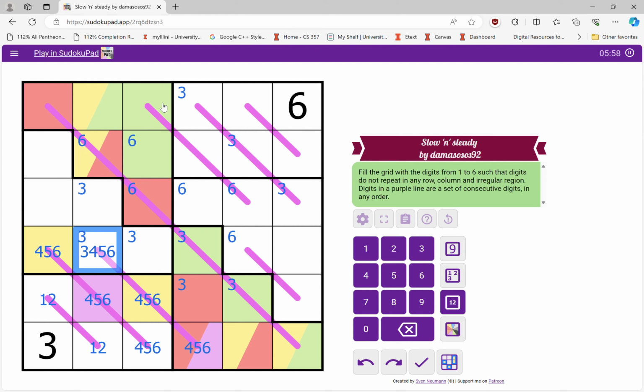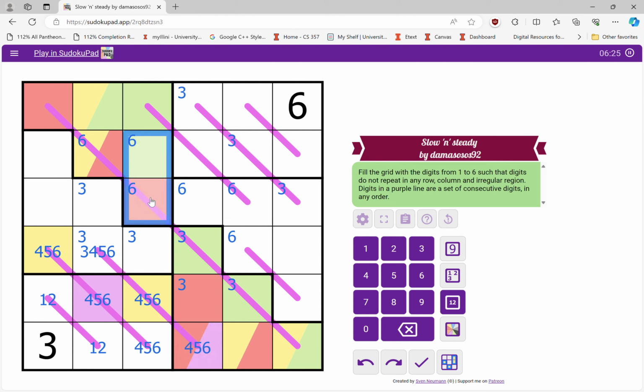If this is a 3, then I just have a 3 up here. One of these 2 is a 3. And I don't think that dramatically changes much of anything. Just thinking about it. One of these 3 has to be a 6. If either of these is a 6, then both of those are 6s.